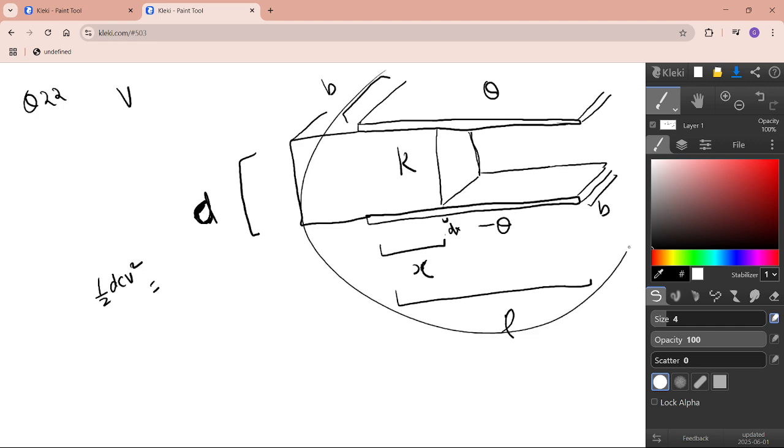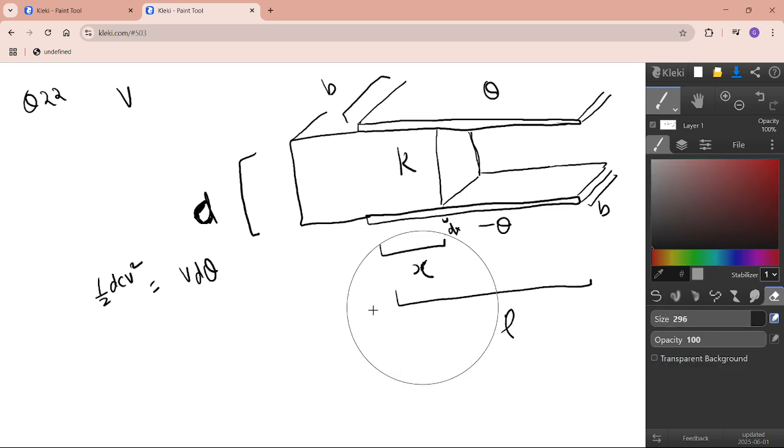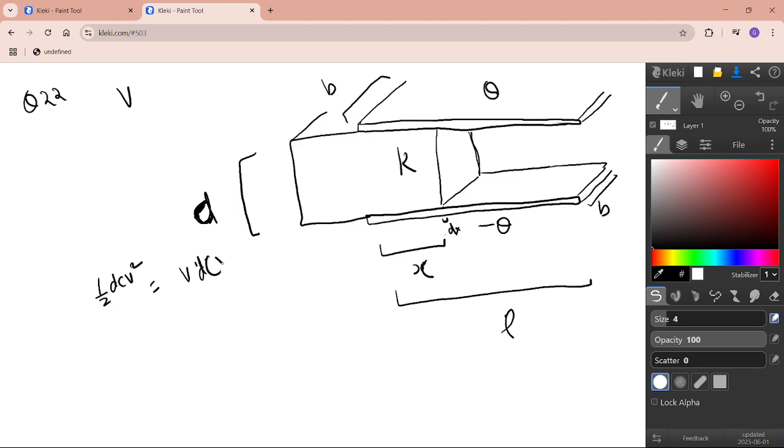If the whole configuration is taken as a system, the work done by the battery is of course V dQ, and dQ is written as C V or dC V. So half dC V square is equal to V square dC.